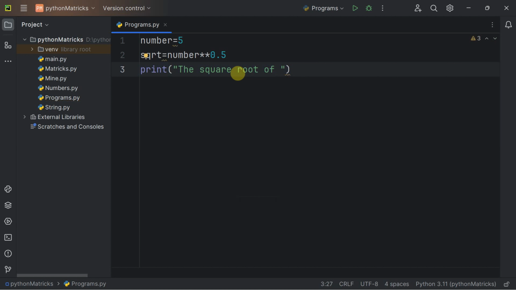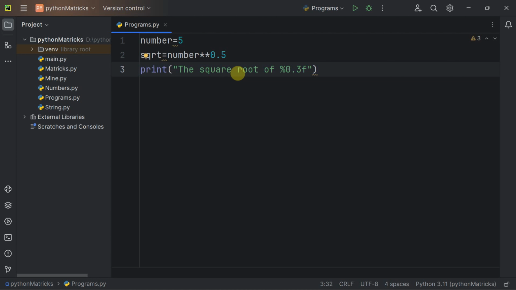For floating numbers, we are going to use this sign, percentage 0.3f. When you use 3f, this is a placeholder for a floating point number with 3 decimal places.